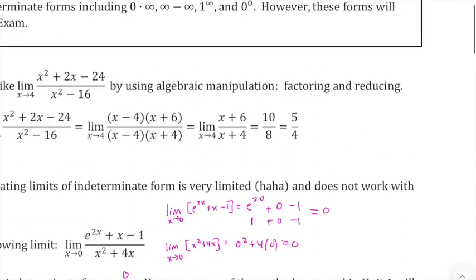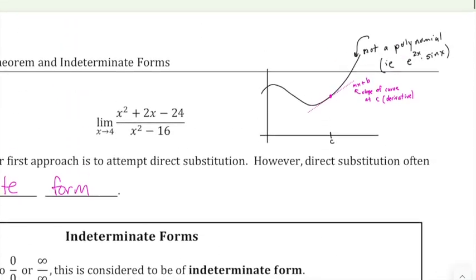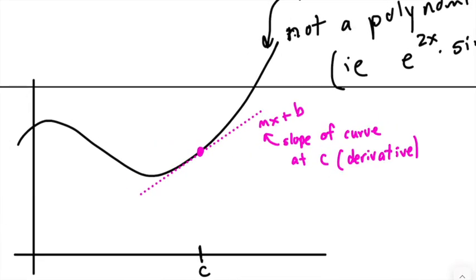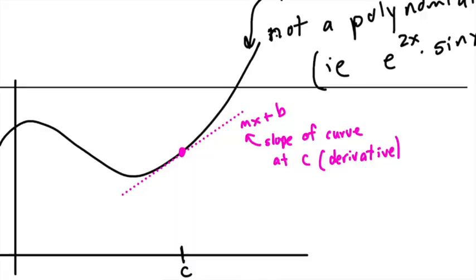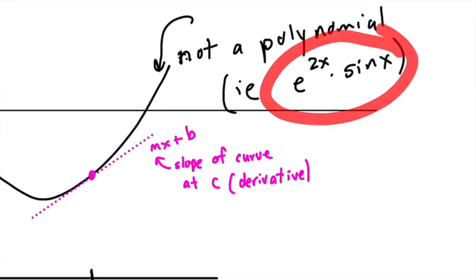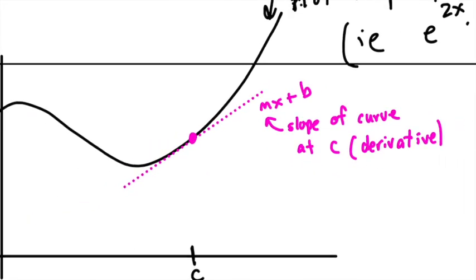And here's a way that I'm going to try to explain it. Let's say that we have a curve. Let's say it's not a polynomial, something like that. So when you're taking a derivative at that point C, you're basically finding the equation of the tangent line.